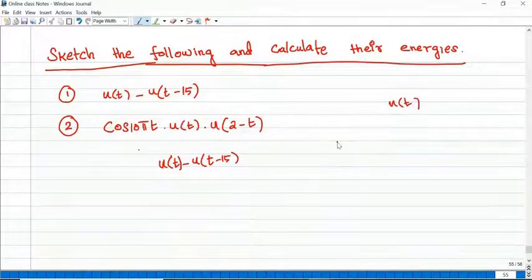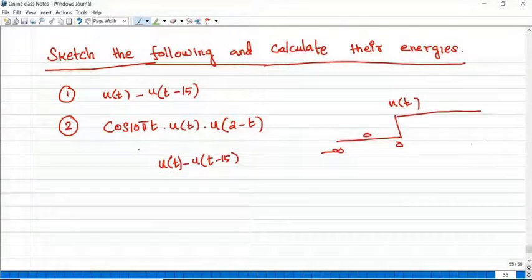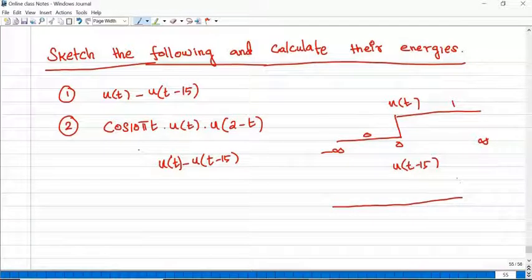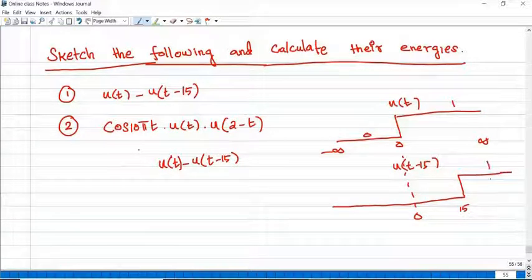The u of t signal is 0 from minus infinite to 0, and from 0 to infinite, it is 1. For u of t minus 15, the signal is delayed by 15 units of time. Let's say this is 15. So from 15 to infinite, the value is 1. That is u of t minus 15.